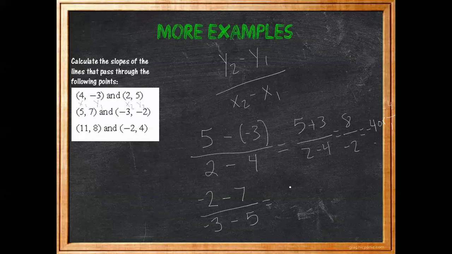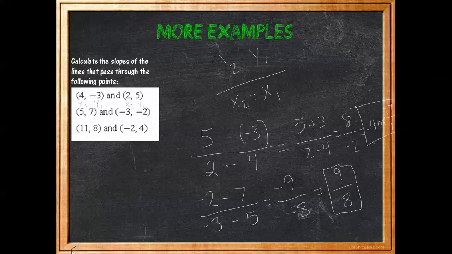Okay, negative 2 minus 7 is negative 9. And negative 3 minus 5 is negative 8. Now we can't reduce this at all, but if you notice here, we have a negative over a negative, which is actually a positive slope. Okay, so negative over negative is a positive. So that would be the answer to number 2.